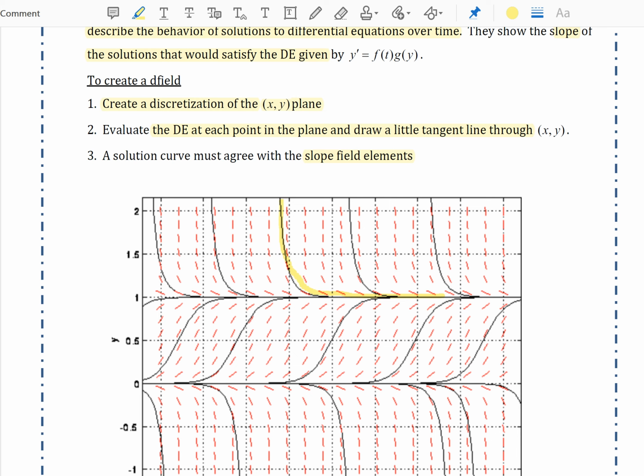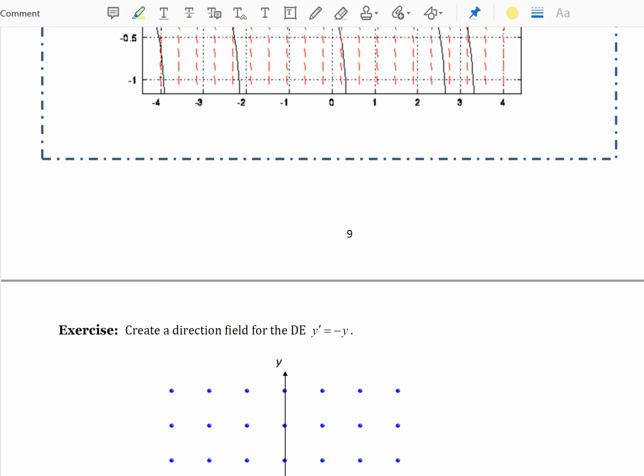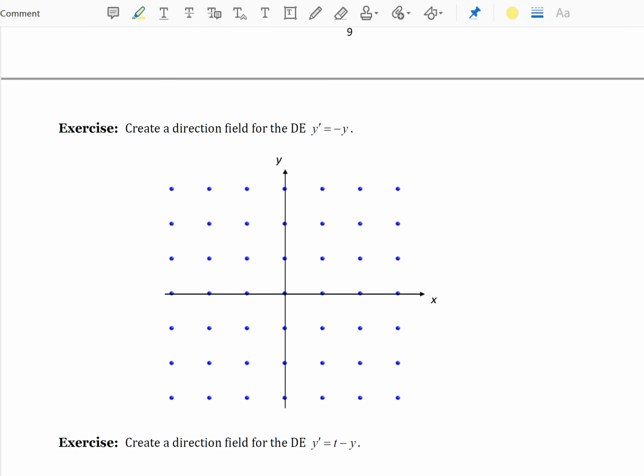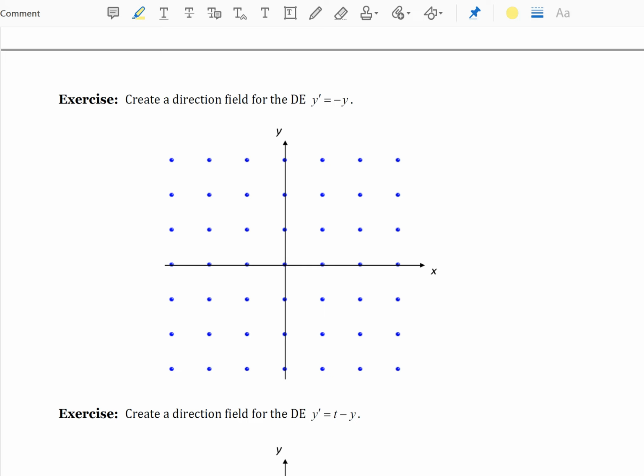Let's practice this with an example. Here I want to create a direction field for the differential equation y prime is negative y. And I've already created the discretization of the plane for us. So now, to create the slope field, we want to find what the slope of a little tangent line would look like for each one of these points.